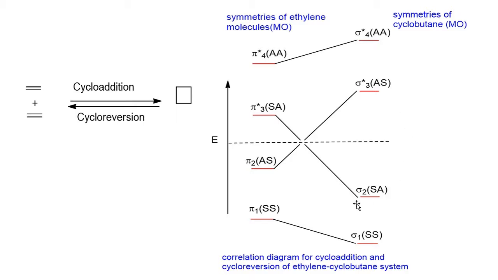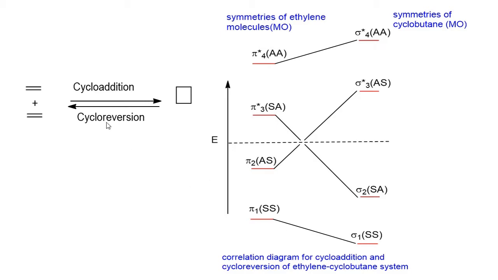Similarly, this ground state of the product correlates with the excited state of the reactant, and hence we can say the molecular orbital symmetry properties of the ground state molecular orbitals of the reactants are not correlating with those of the ground state molecular orbitals of the product and vice versa. So it is a thermally forbidden reaction.